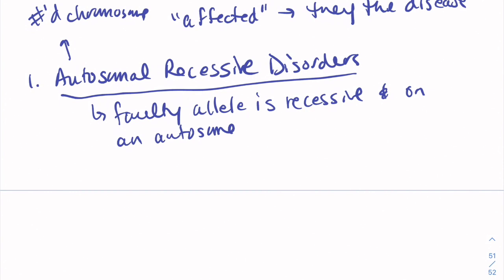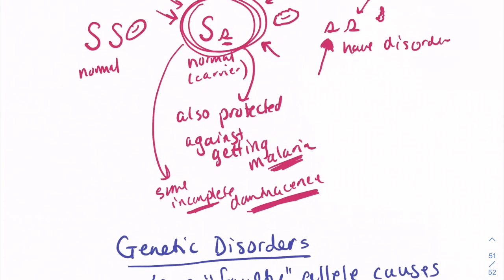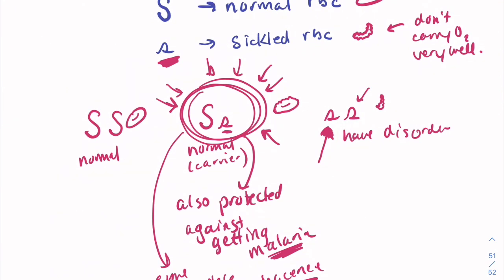And we already looked at several examples of this. The examples of this were cystic fibrosis and also sickle cell anemia. And we also saw that in sickle cell anemia, it actually shows some incomplete dominance, meaning that the heterozygous person usually has a normal, healthy phenotype, but is a carrier, and also has some slight sickling as well.